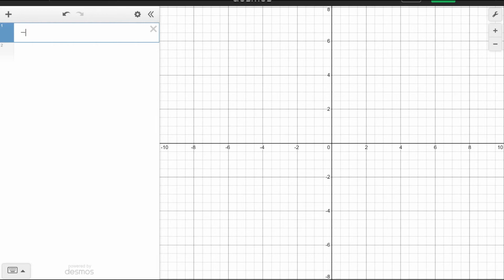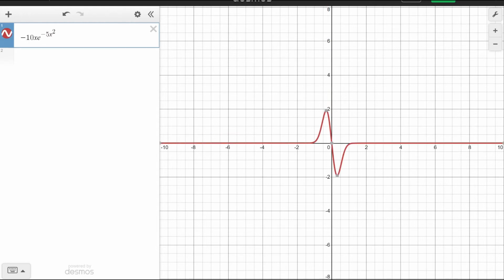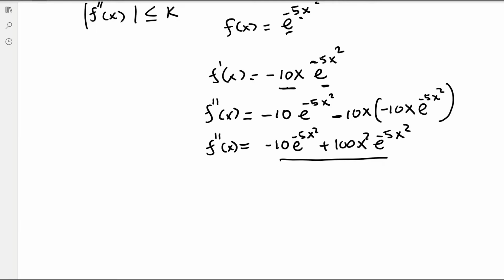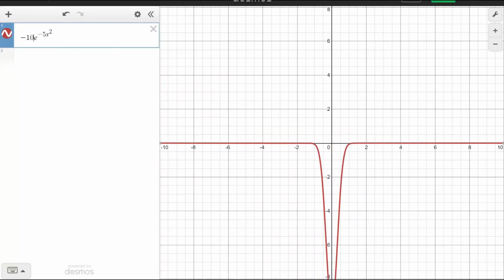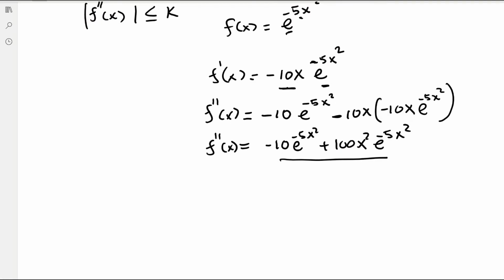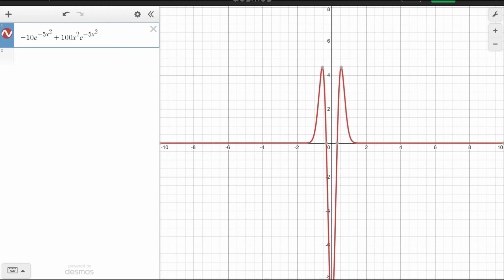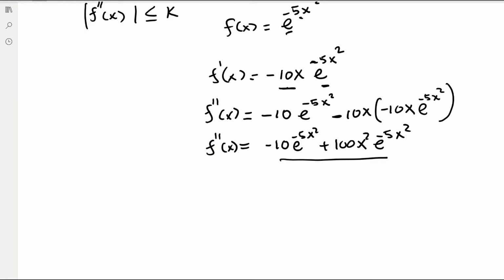It's negative 10 times e to the negative 5x squared, plus 100x squared times e to the negative 5x squared. Yeah, that's what I have.